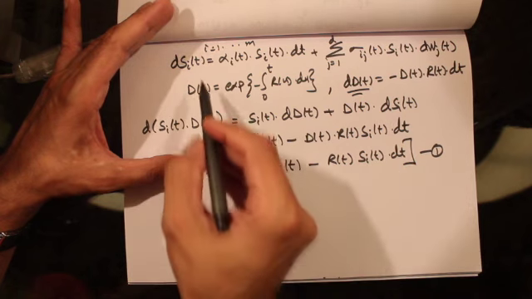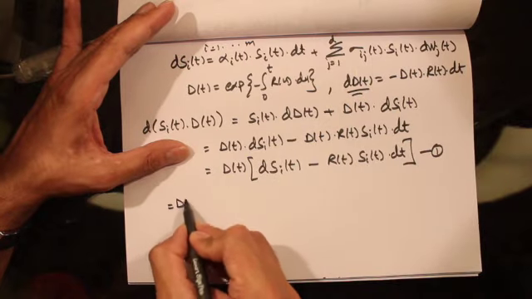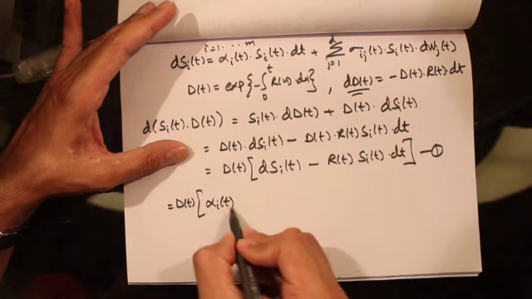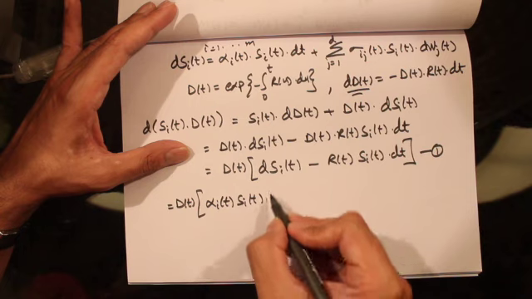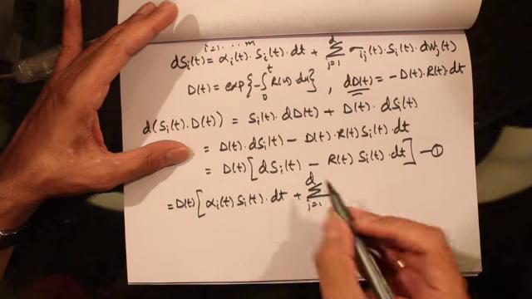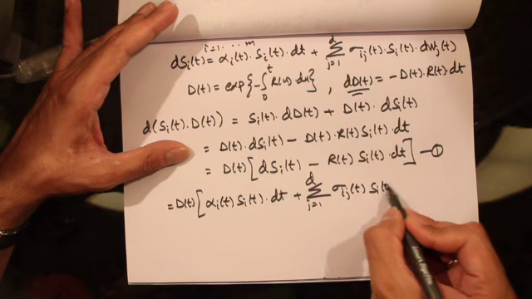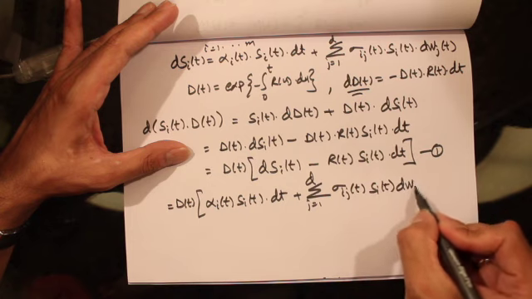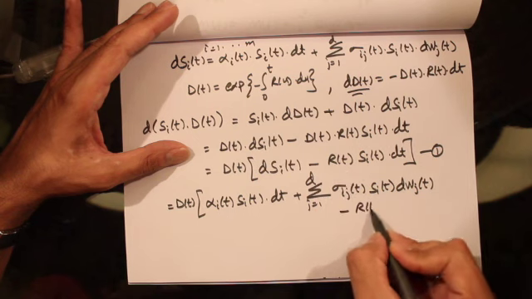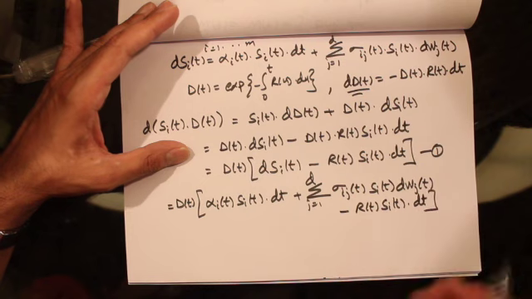Instead of dS_i(t), we can write down this equation right here. If we do so, then we'll get D(t) times, instead of dS_i(t), alpha_i(t) S_i(t) dt plus summation j equals 1 to d sigma_ij(t) S_i(t) dW_j(t). And then I have this minus R(t) S_i(t) dt term, right?